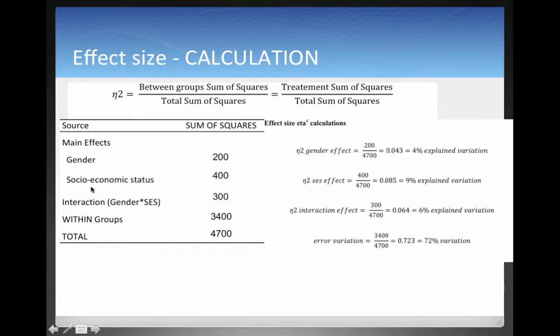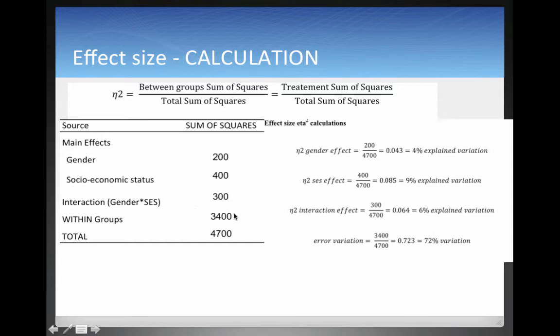At the same time, socioeconomic status is 400 divided by 4,700, so you get 0.085 or 9% explained variation. The interaction effect, same thing, 300 divided by 4,700 gives you about 6% explained variation.